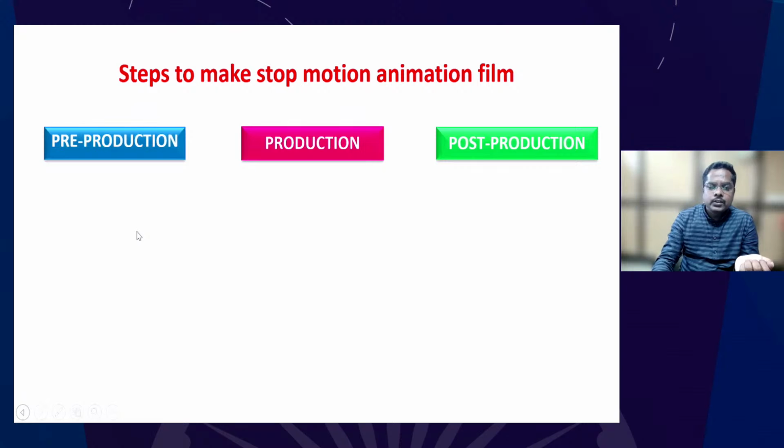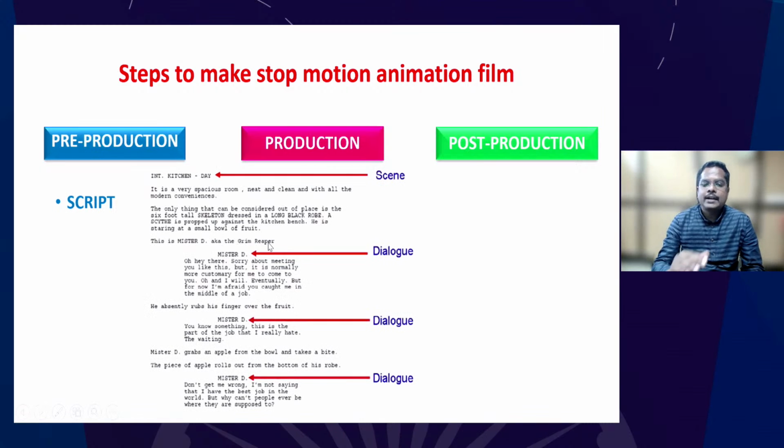If you want to create a stop motion animation film, we have to follow three steps: pre-production, production, and post-production. Pre-production means, before going into the video shoot, we have to prepare certain things. One is the script, which should have the scenes and the dialogues that we are going to speak.